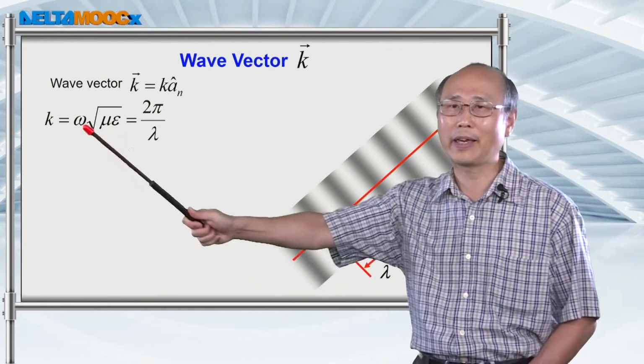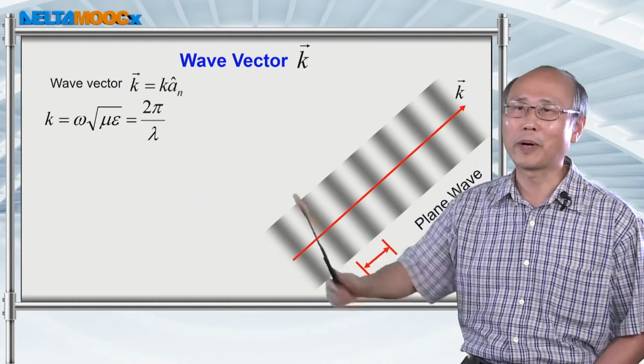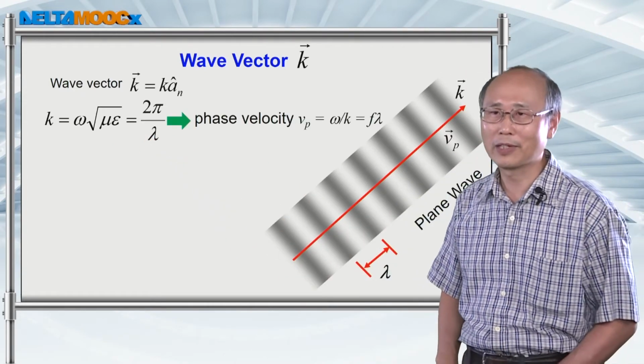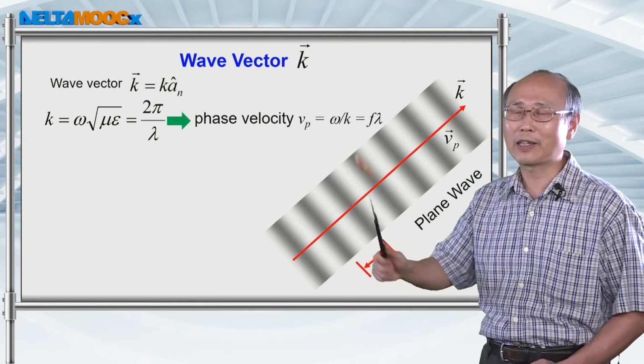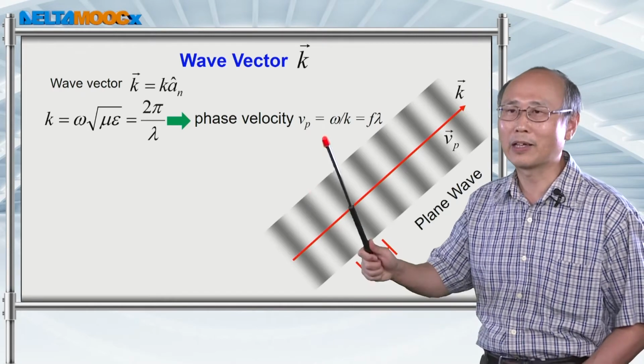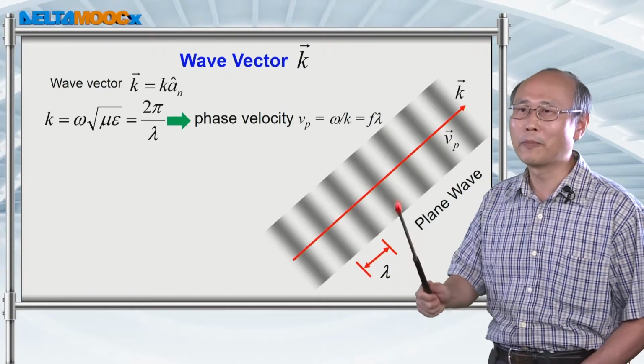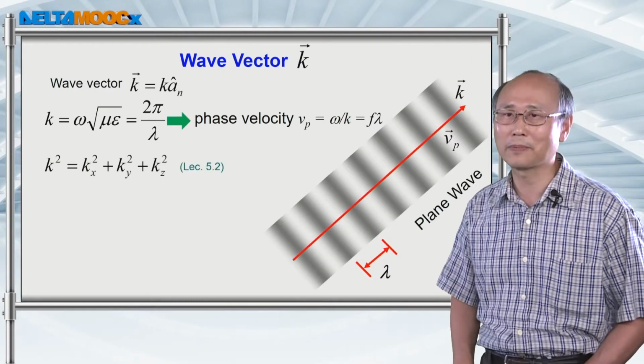And again, k is equal to omega square root of mu epsilon, equal to 2 pi over wavelength. And if you set a constant phase in the plane wave solution, then you can deduce this phase velocity of this wavefront propagating along k direction.